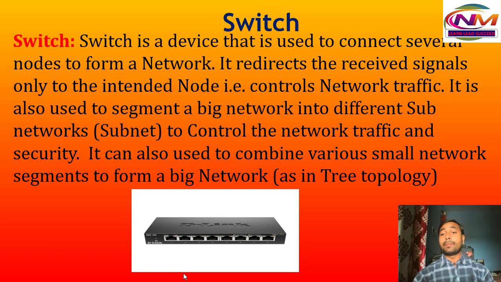As in the example, network A, network B and network C are there, three networks. So it can also be managed how we control which network's traffic is more important, which network's security is more important, as well as make different arrangements of the computers with the help of this switch.